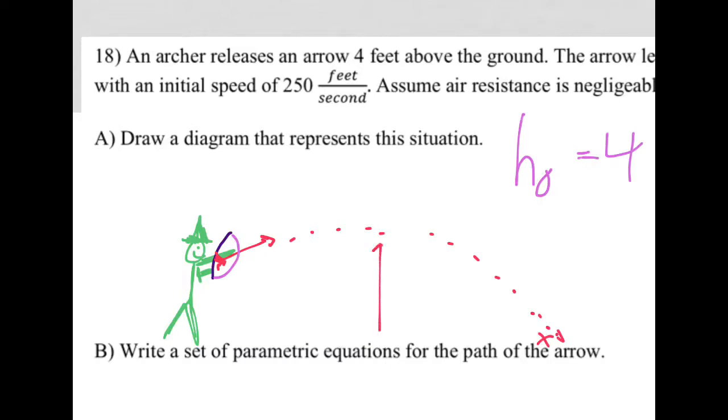It's going to have a height of some Y value throughout, depending on the time. The X value, again, is also going to depend on the time. We know that the angle of launch is 15 degrees, and we know the speed of the launch is 250 feet per second. So there's a nice little diagram there.